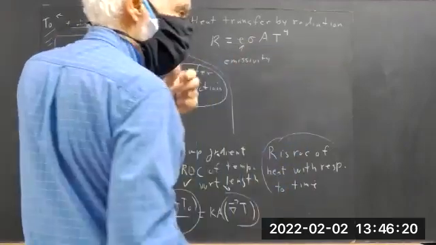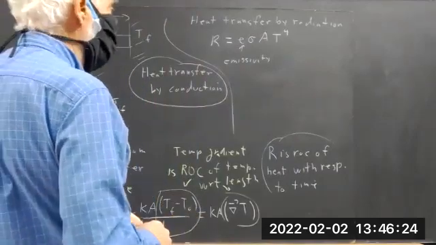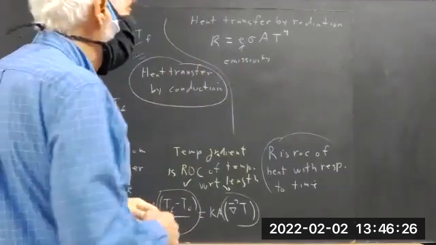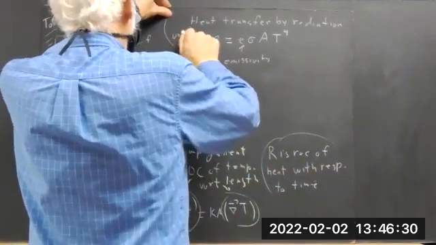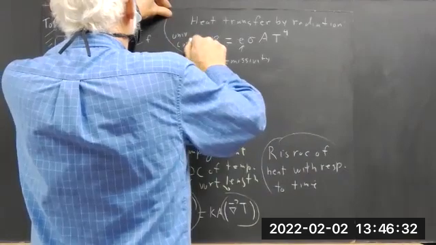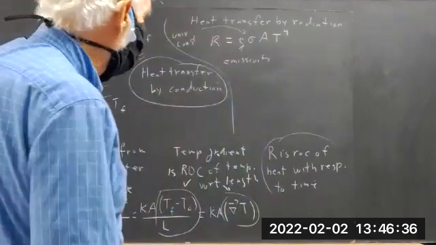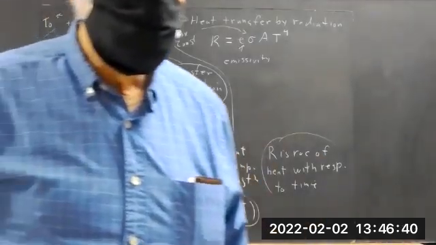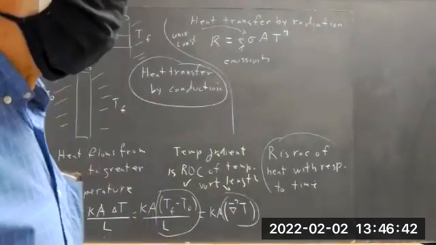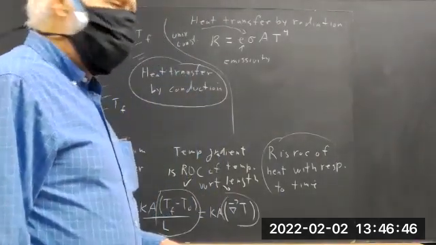Sigma is the constant, the universal constant. Okay. Stefan-Boltzmann constant, which surprisingly in an early graduate level course in electromagnetism, I found could be derived.